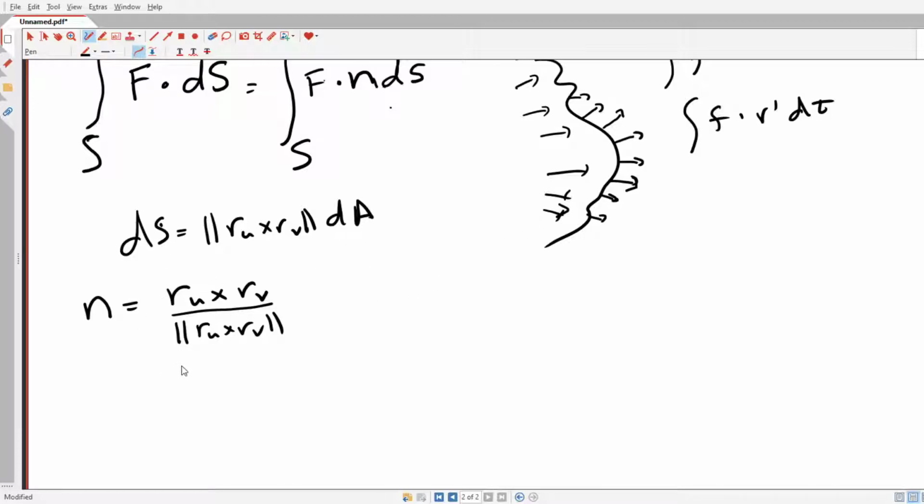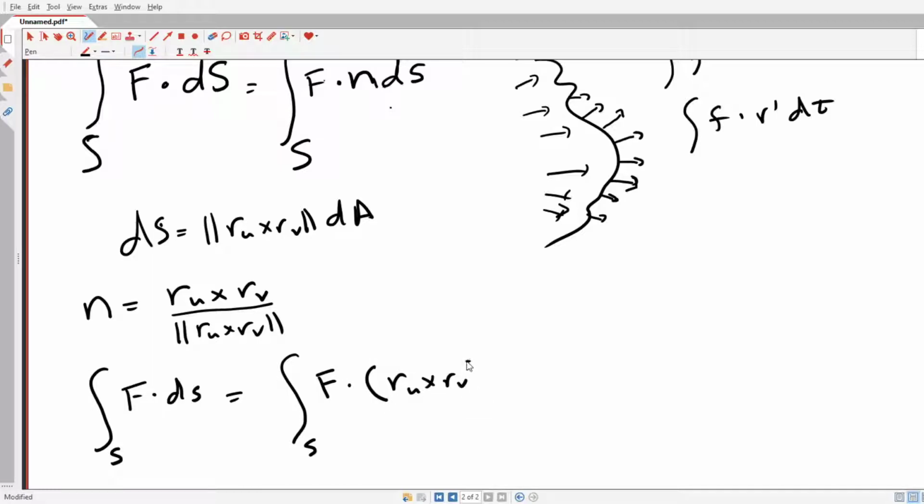So this tells me that the integral over a surface of f dot dS, if I replace n and dS, what I end up with is the integral over S of f dot ru cross rv dA.